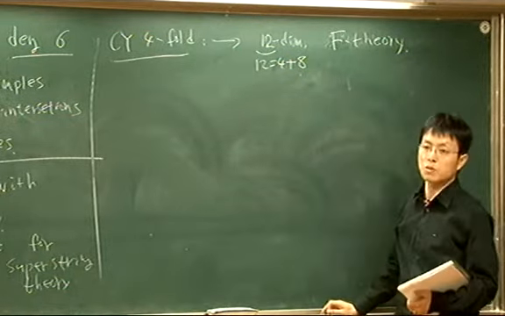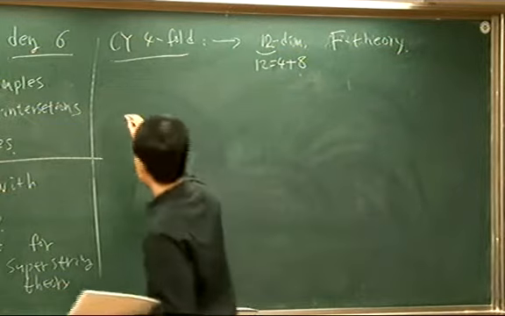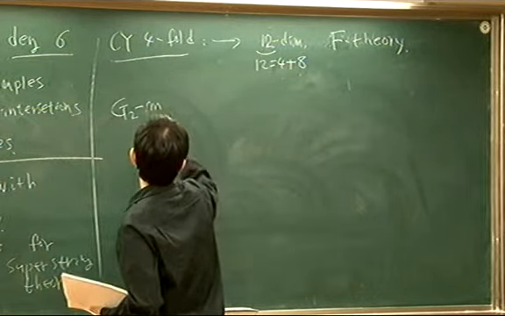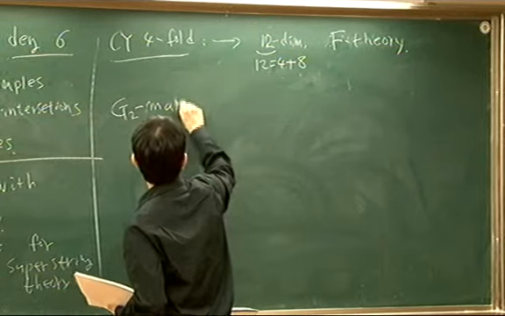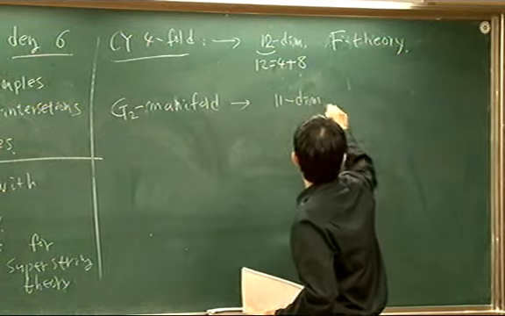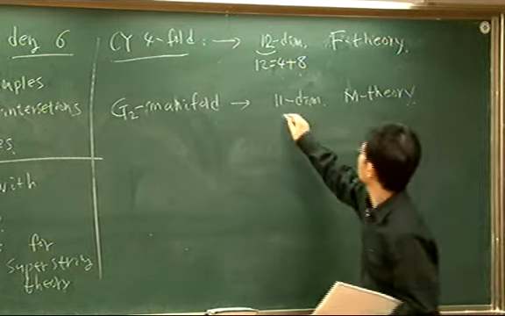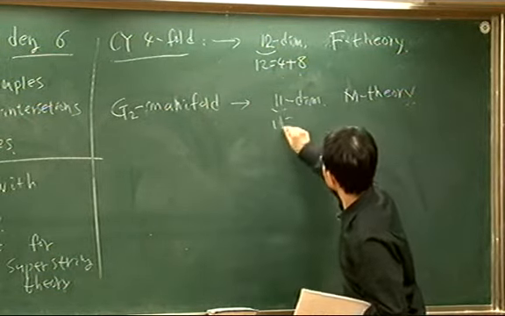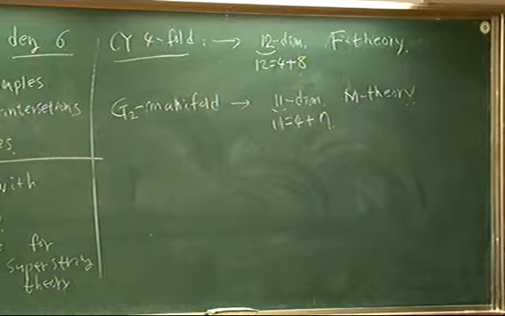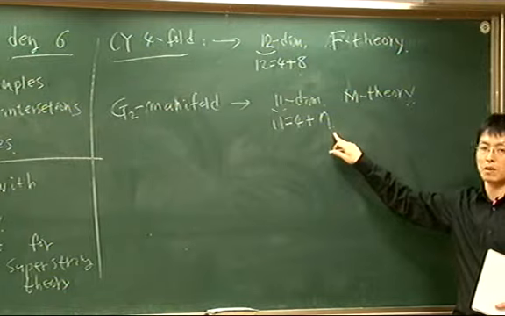there is also a physics theory called M theory that is 11-dimensional. In that one, the so-called G2 manifold plays a role. So 11 is 4 plus 7. Here the G2 manifold is 7-dimensional, so it is odd and cannot be a complex manifold.